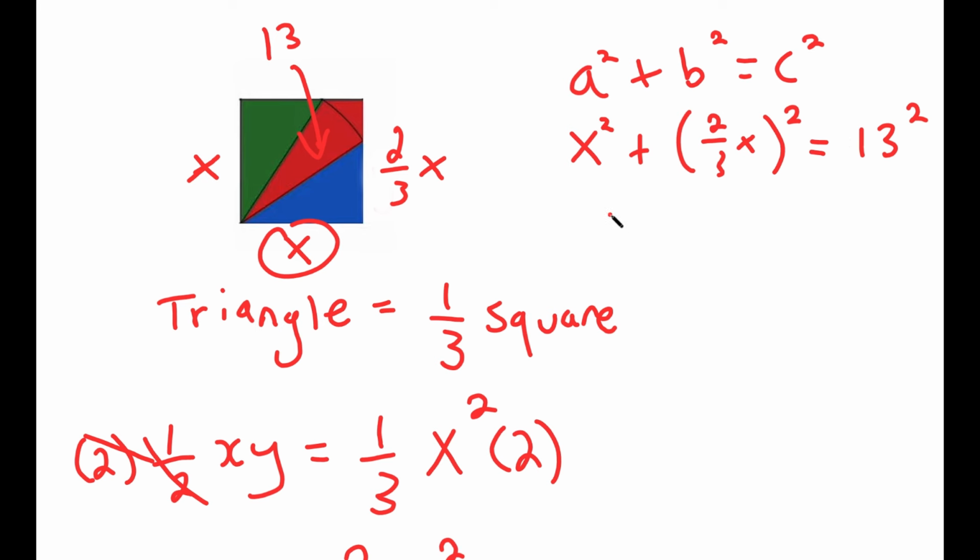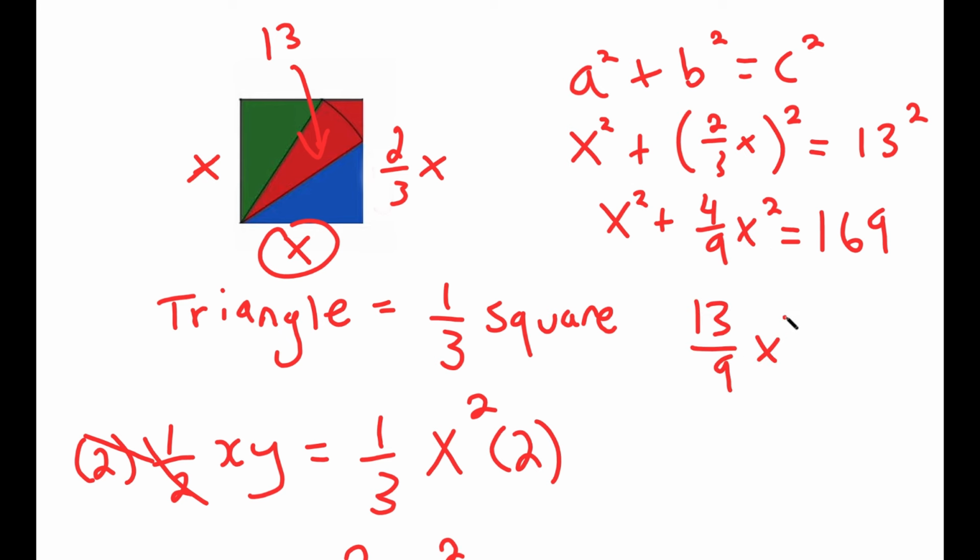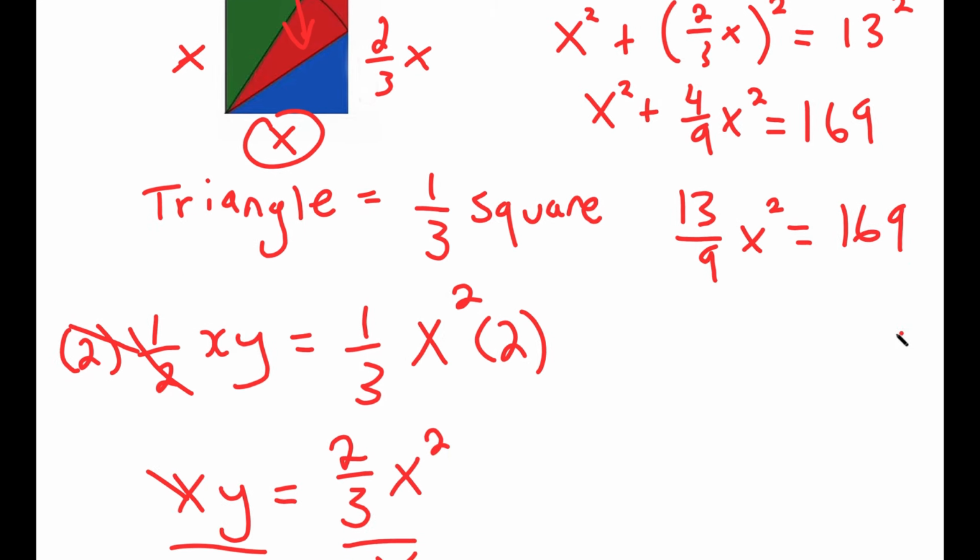And this turns into x squared plus 4/9 x squared is equal to 169. Now, x squared plus 4/9 x squared is going to equal 13/9 x squared. So I get 13/9 x squared is equal to 169.